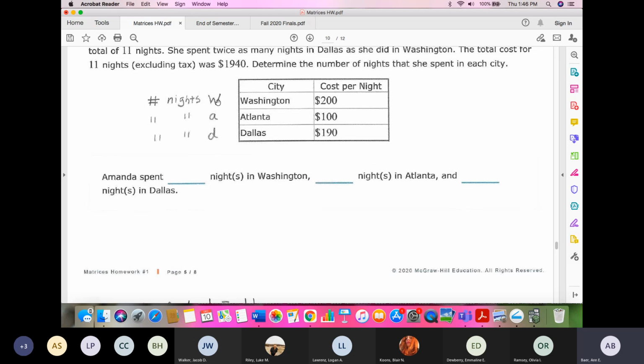So if the number of nights were 3, 3 times 200 would give us 600. So it makes sense to take the cost per night and multiply it by the number of nights to get her total bill for staying in Washington. So we take 200 times W.